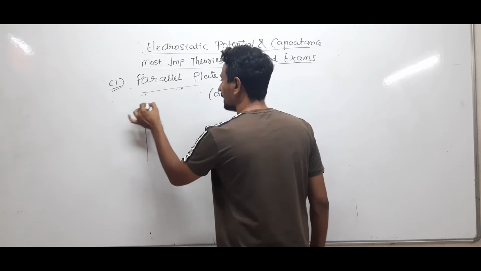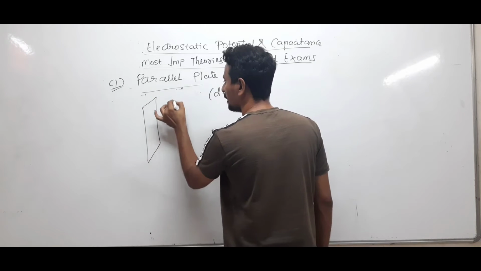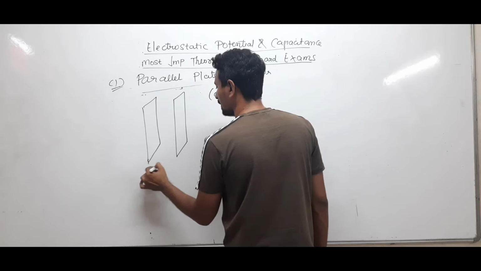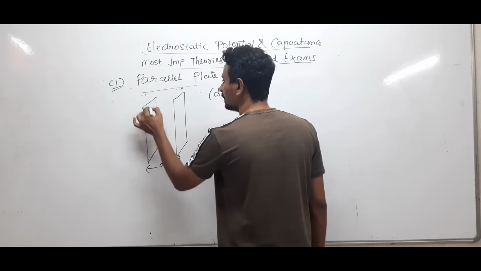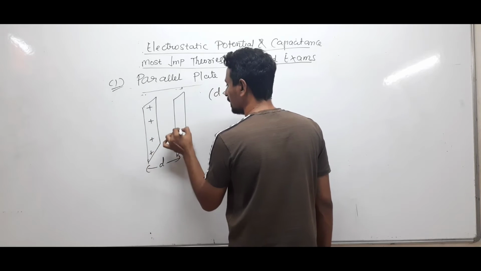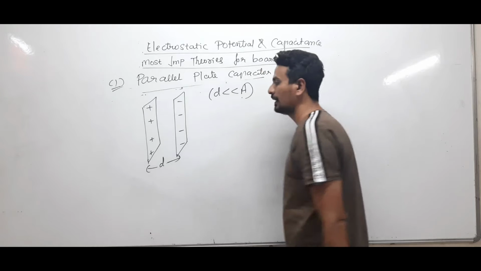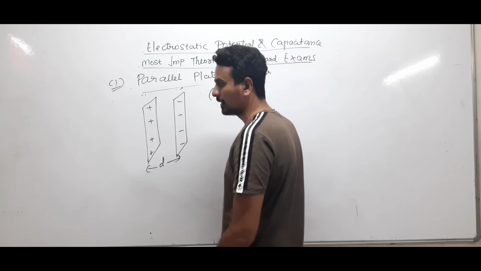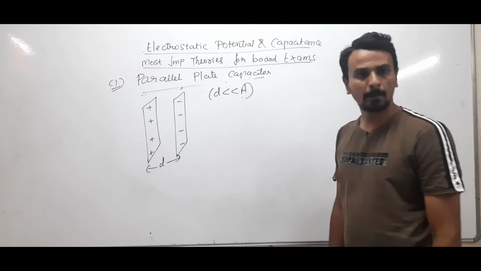Keep two plates of the same area, let the distance between them be d, and one plate is positively charged, another is negatively charged.